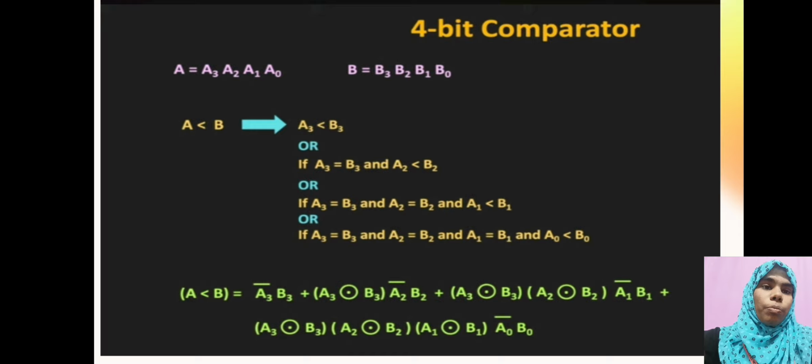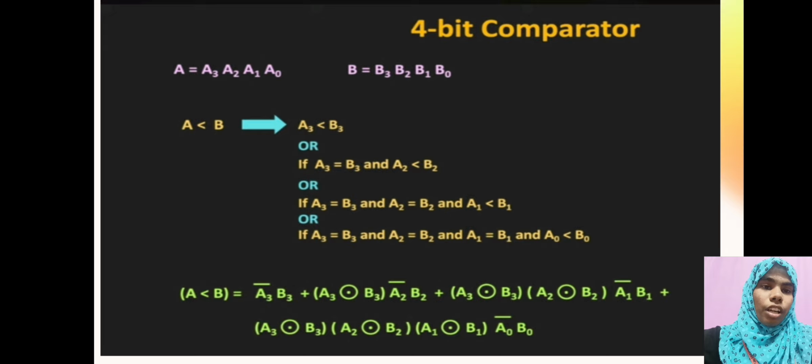So A3 bar B3 plus A3 exclusive NOR B3, A2 bar B2, plus A3 exclusive NOR B3 into A2 exclusive NOR B2, A1 bar B1, plus A3 exclusive NOR B3 into A2 exclusive NOR B2 into A1 exclusive NOR B1, A0 bar B0, where A3 equals B3.